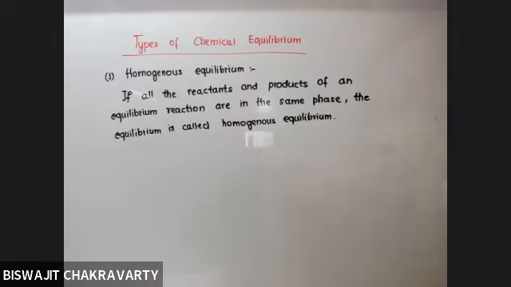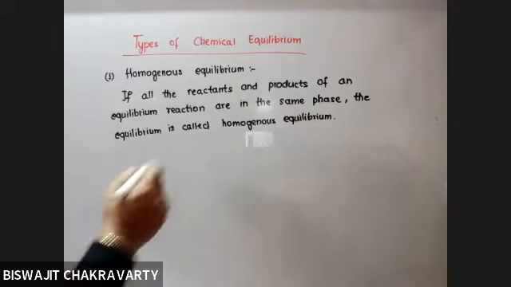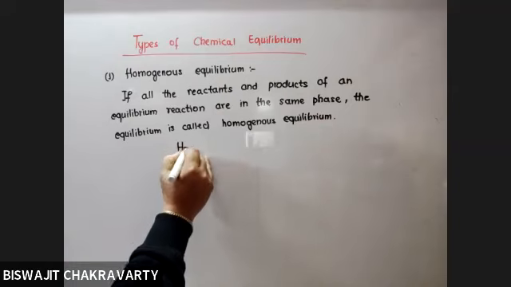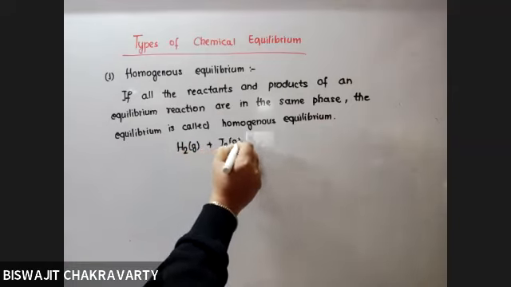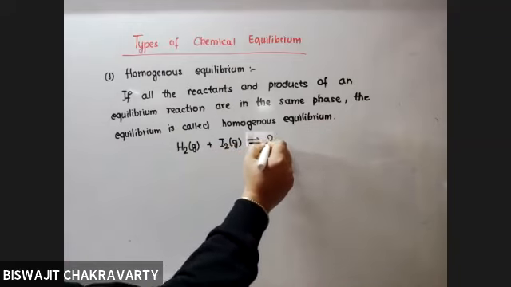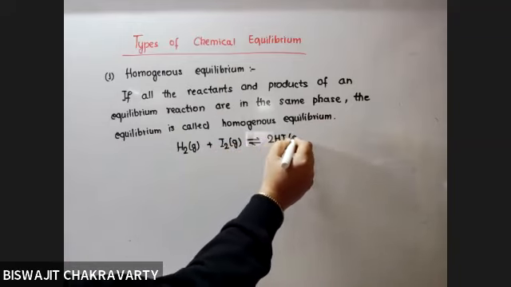Homogeneous equilibrium. Say for example, H2 gas plus I2 gas reversible twice HI gas.